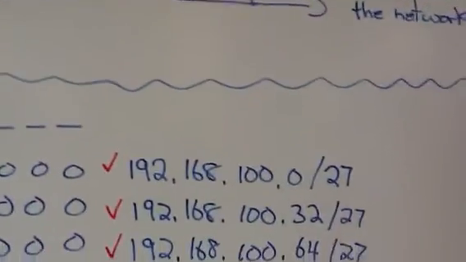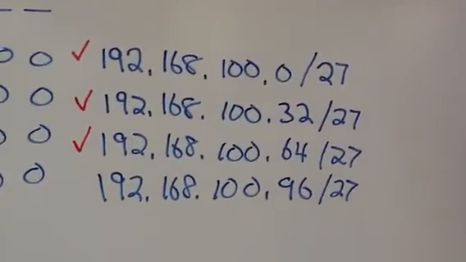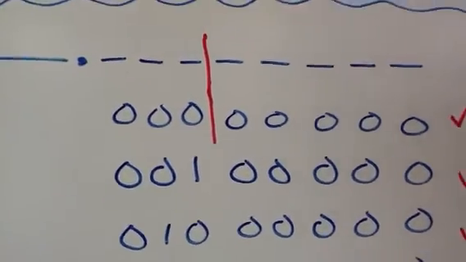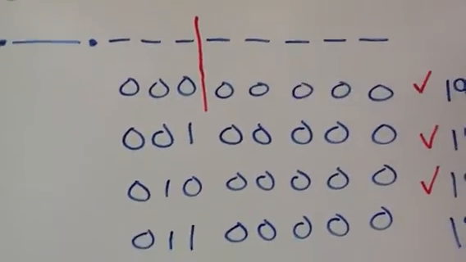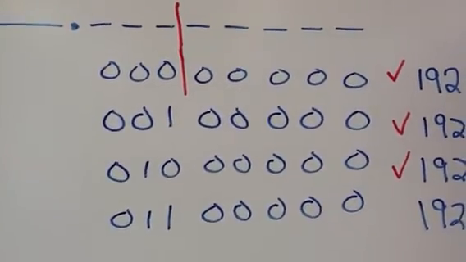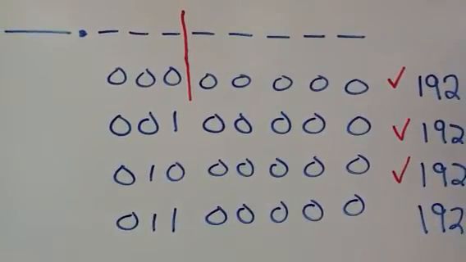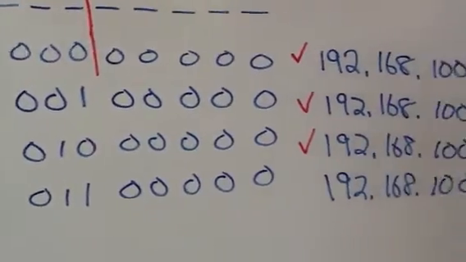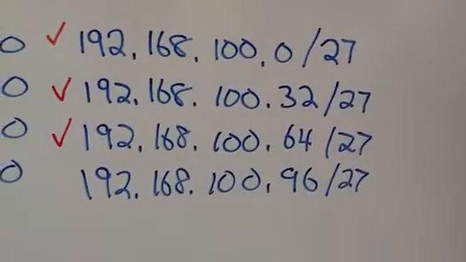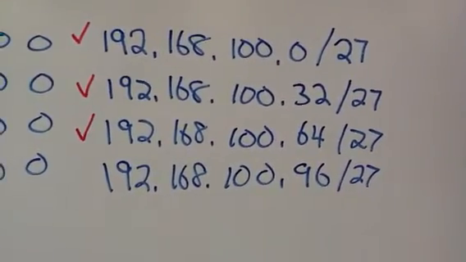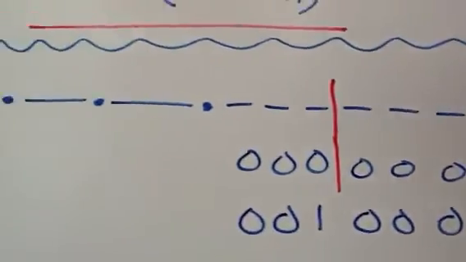And so then we wrote down a few of the networks, not all of them. There would be, since we have 3 bits there on the left, we would have the possibility of 8 networks. And each of those networks, 30 hosts. So we drew out the first 4, just for practice, and then /27, right?